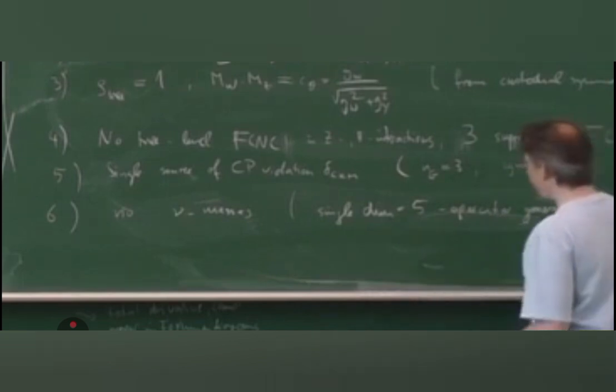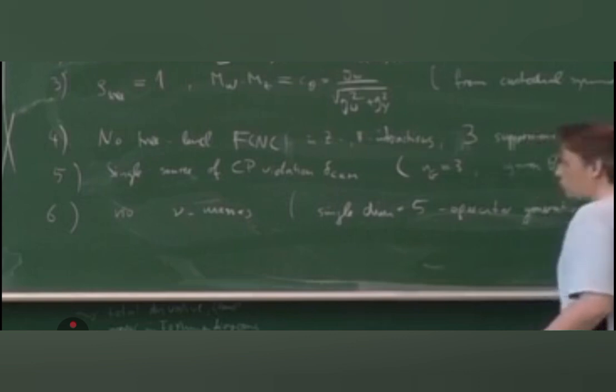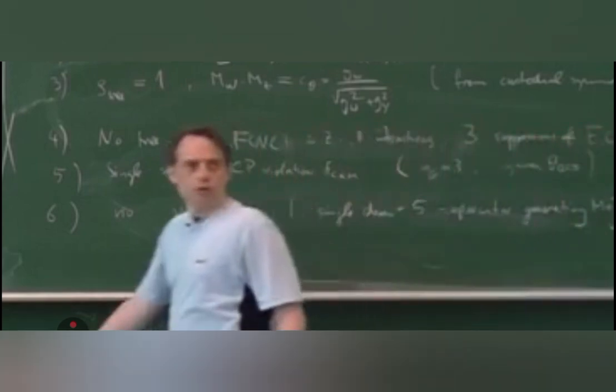And so that could naturally explain why the neutrino masses are as small as they are. So it would provide a rationale for this observation. All right.